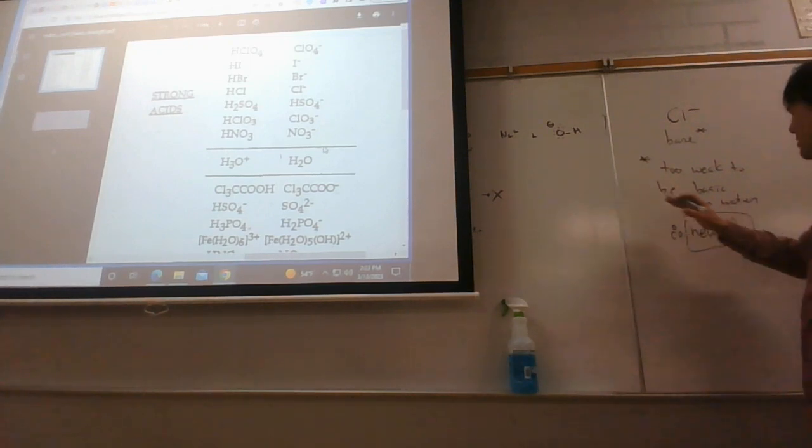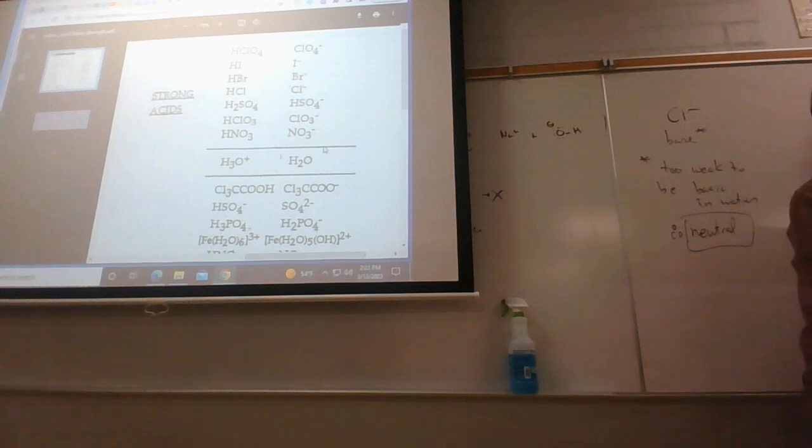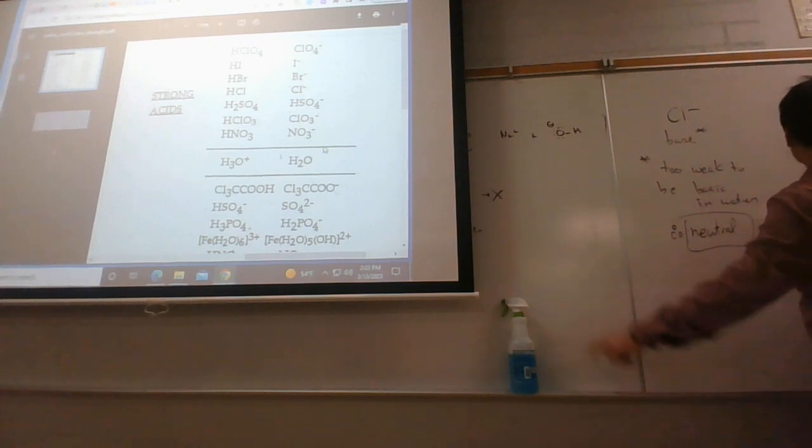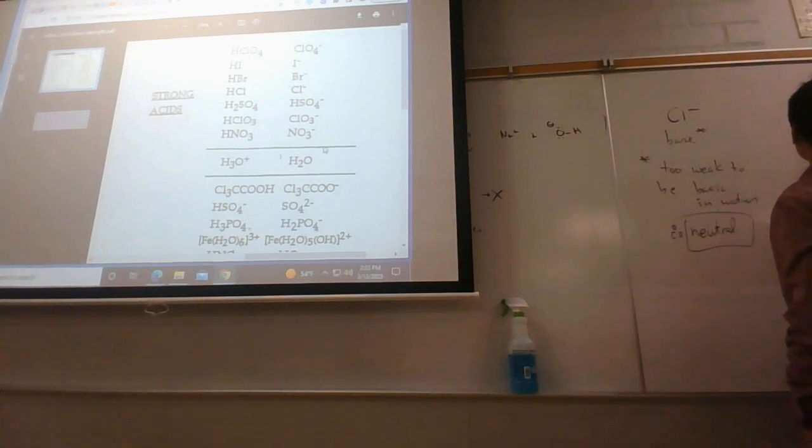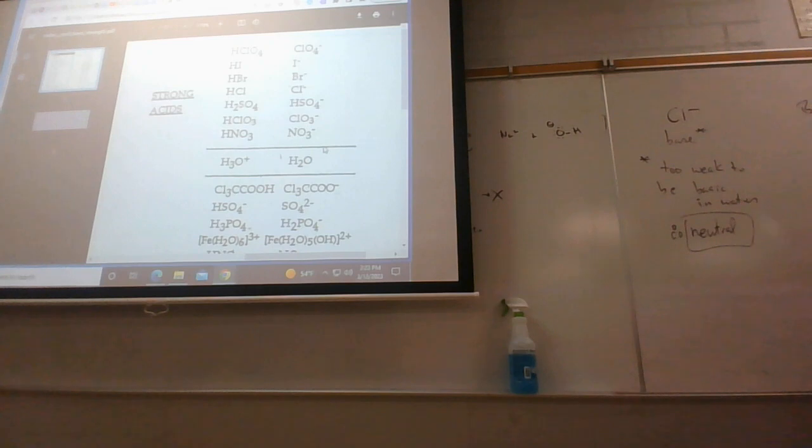So the acid base, we use a chart. This chart is a Bronsted acid base chart. The only problem with Bronsted is not all acids are Bronsted acids. We have other acids that don't fit this. The other acids that don't fit it are Lewis.